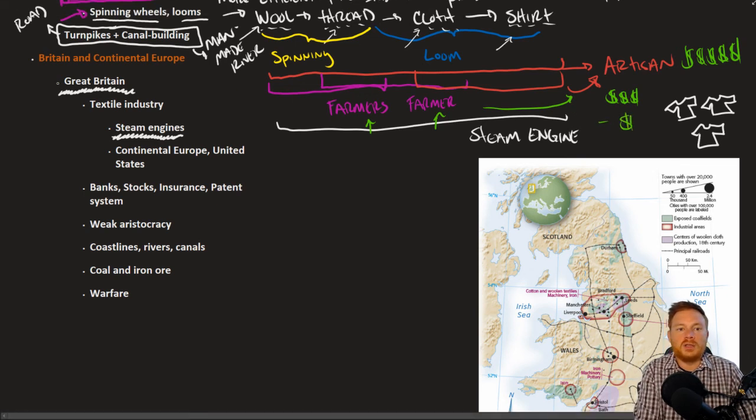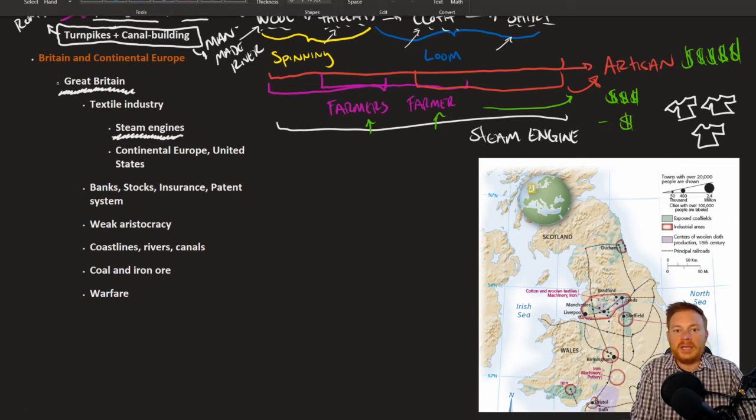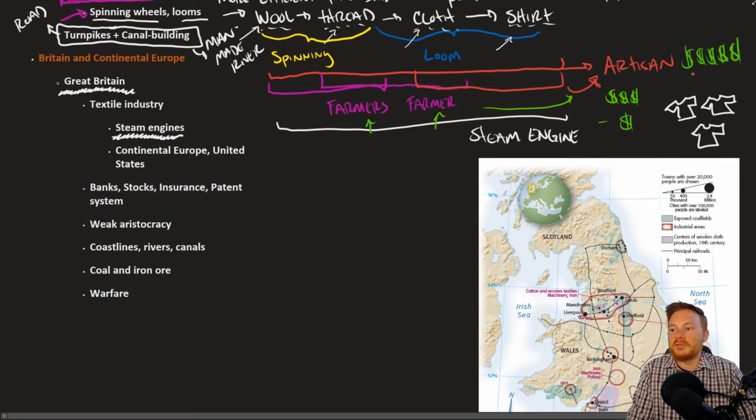And so when push comes to shove, and people are given the option of buying the $5 shirt, the $3 shirt, or the $1 shirt, it's always going to be the one produced by the steam engine.